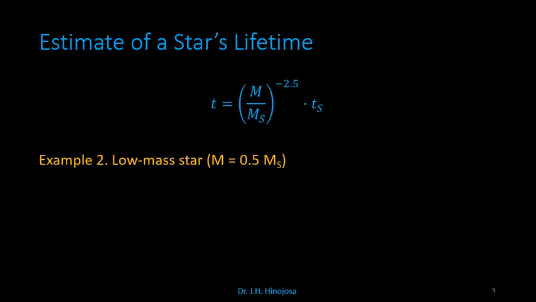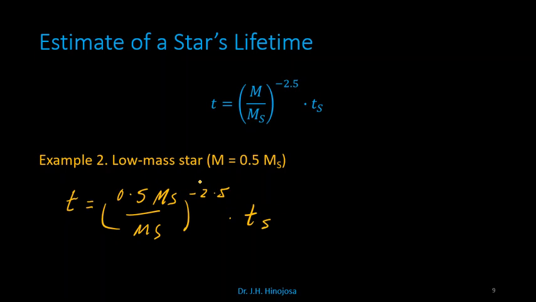Next, let's look at a low mass star. A star with a mass of 1/2 the mass of the sun. So again, we have T is equal to 0.5 the mass of the sun divided by the mass of the sun raised to the minus 2.5 power times the lifetime of the sun.